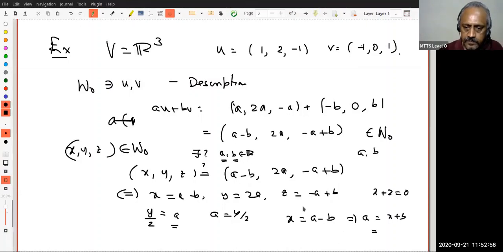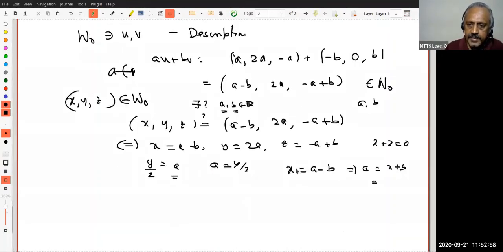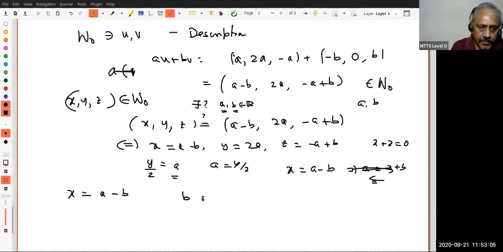So let us keep b on the other side. X equals a minus b, therefore b equals a minus x.